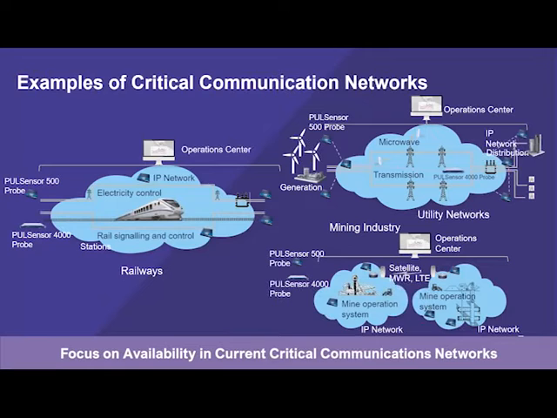On the bottom right side, we have a mining industry example where the traffic, except for the highly critical sensor and control traffic, could be also some voice traffic as well. If we consider a fourth category, like public safety networks, also the voice traffic there is highly critical.